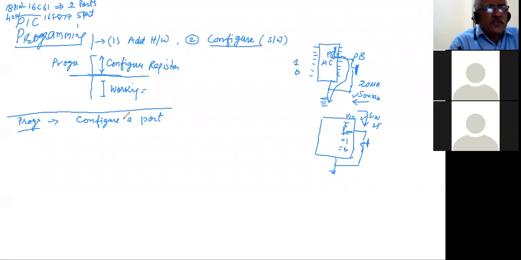So if you have to configure the port, what is that configuration? Configuration can be, you can make this port as input, or you can make this port as output. That is what the configuration is.